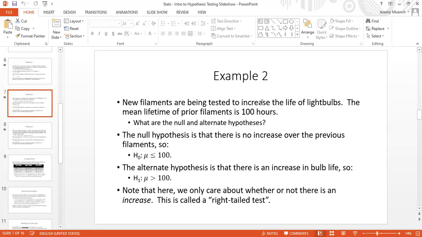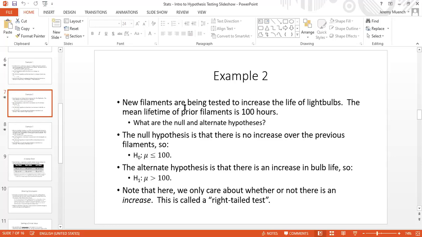For the record, I think this is dubious because as a light bulb manufacturer, if my new filament were to do what I didn't expect and decrease the life of light bulbs, I would want to know. I would consider that something important to know.